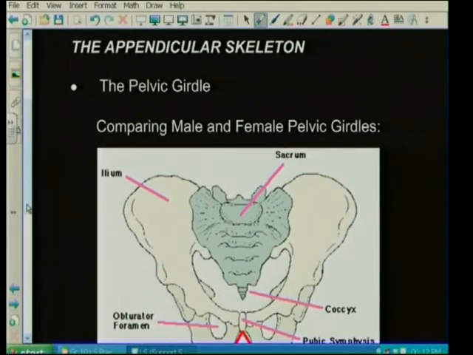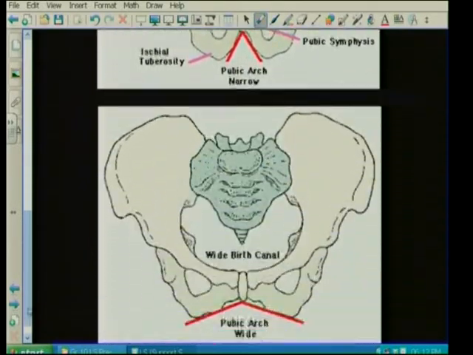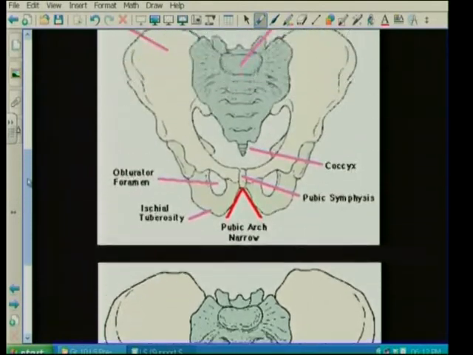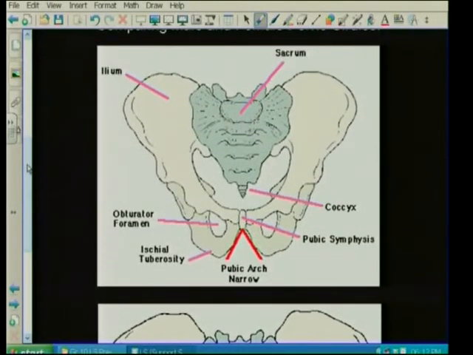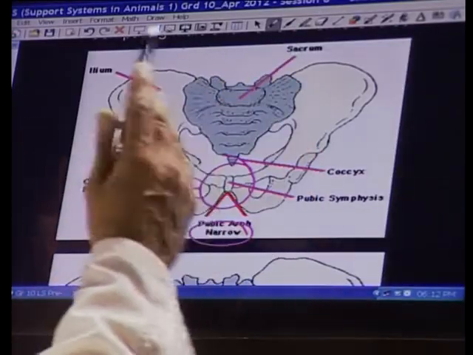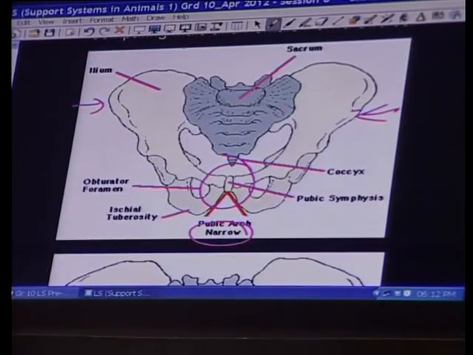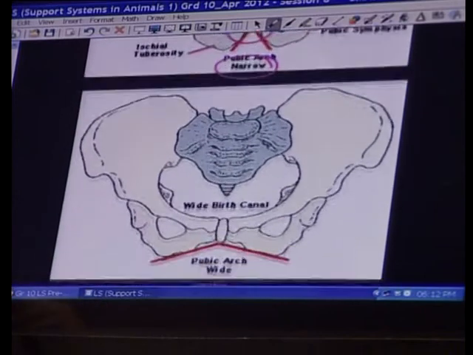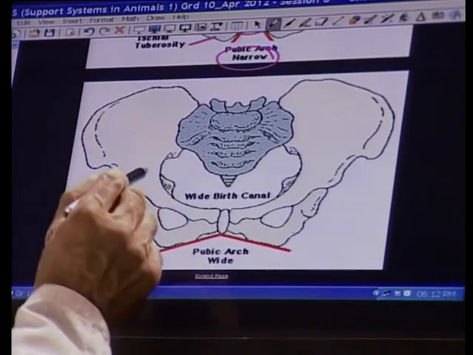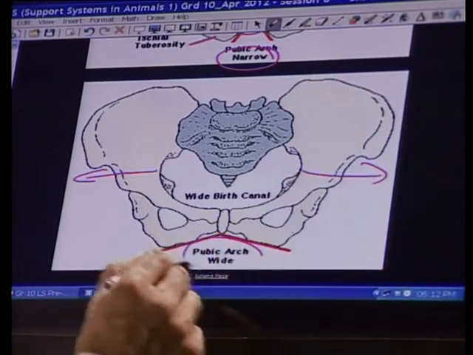We carry on further. We want to compare the male to the female. The first one is the male. You'll notice that it has a narrow pubic arc. In this area here, it is narrow, and it is slightly narrower that way as well. When we get to the female, we'll find that the pelvic girdle is slightly wider, and the pubic arc is also wide.